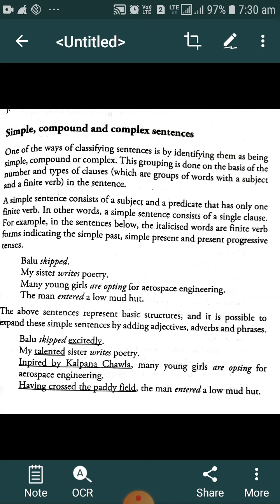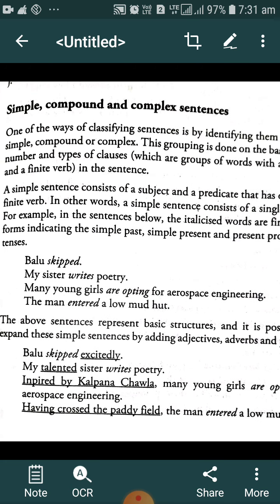We have to recognize first, then we have to synthesize, then we have to convert the sentence from simple to compound, and compound to complex. So what is the way of identifying them? When we consider a simple sentence, we have to recognize it on the basis of the finite verb.